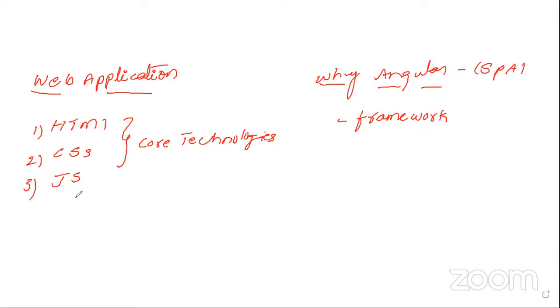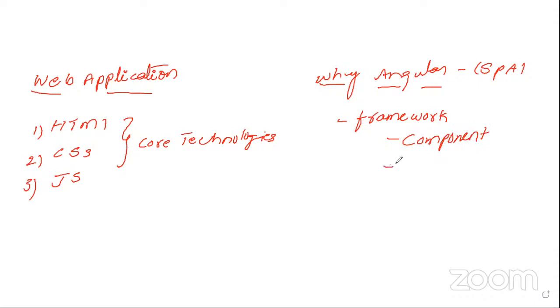But instead of writing all these advanced techniques, everything that you have to write from scratch if you are using core technologies, whereas coming to the framework, it is in line with some sort of features like components. This Angular has a component feature.